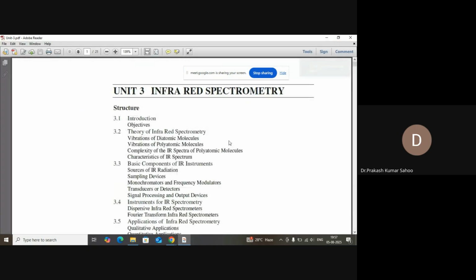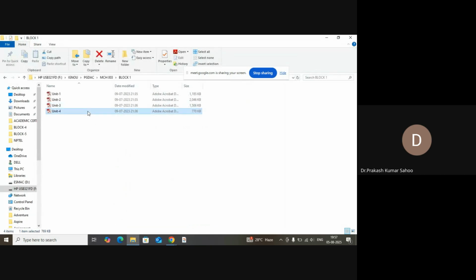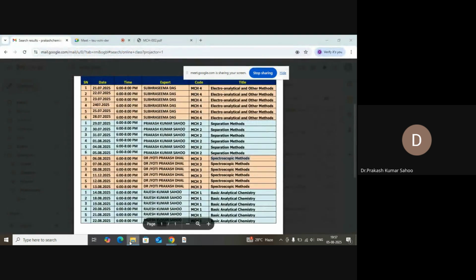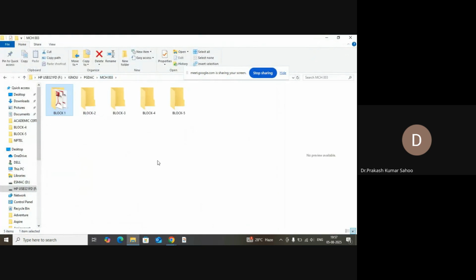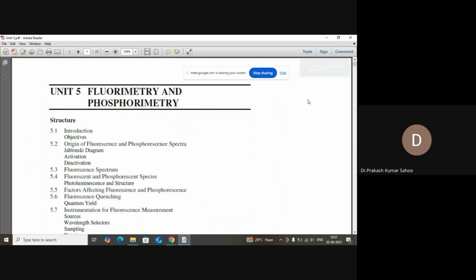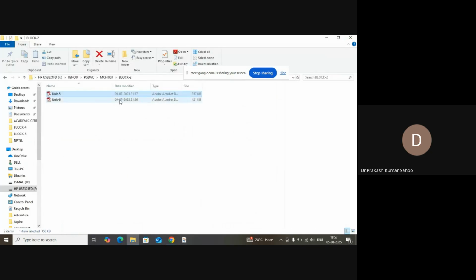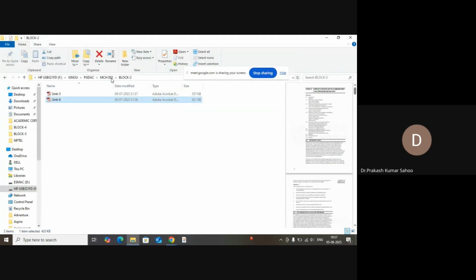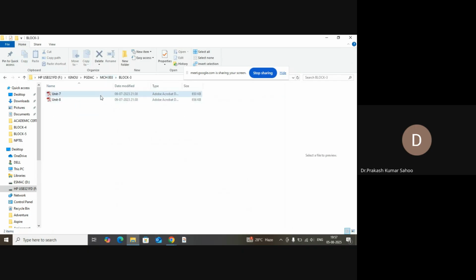The third unit will be Raman spectroscopy, followed by different spectroscopy techniques. These are very frequently used in the analysis of samples in industries, in chemistry labs, in research. All these things are very useful for characterization of your sample, colorimetry and phosphorimetry, followed by the application of these. Then we have block 3, that is NMR.